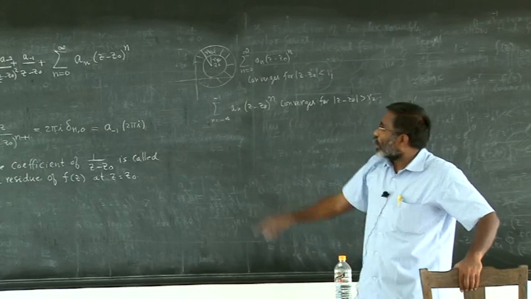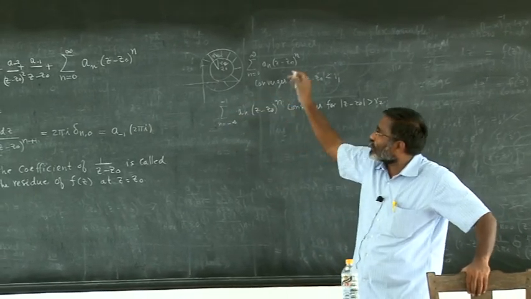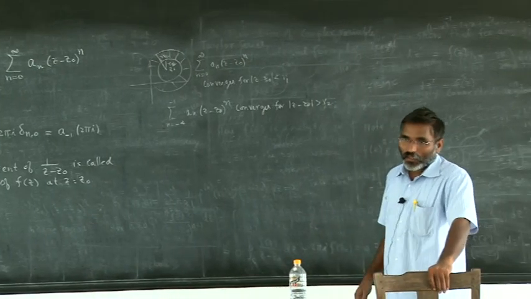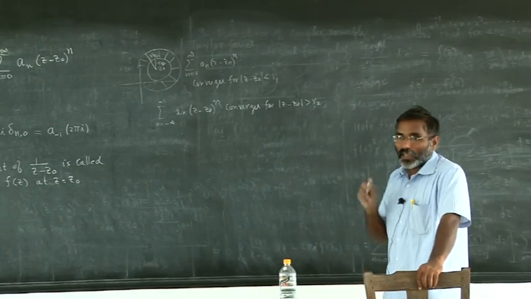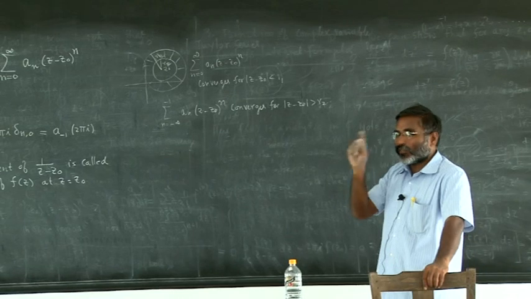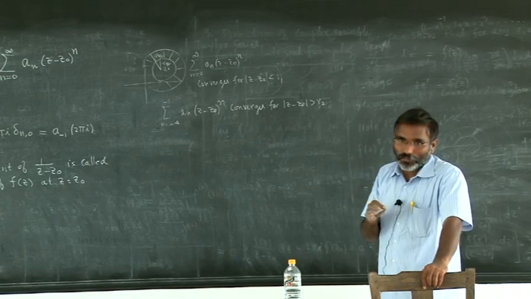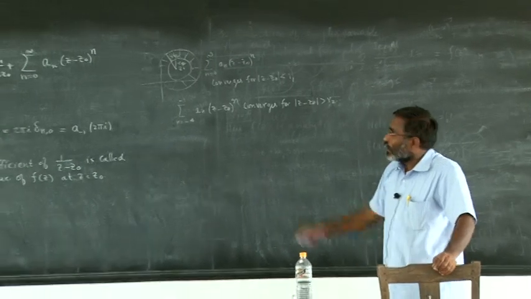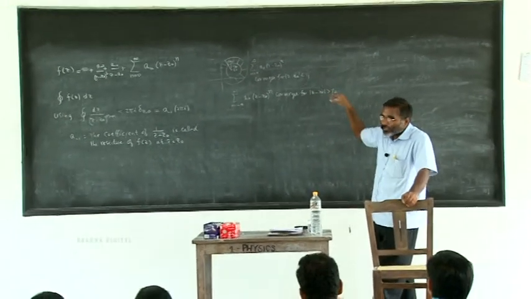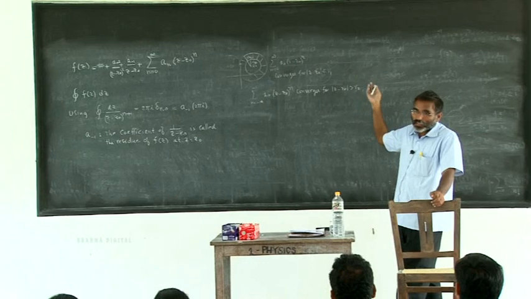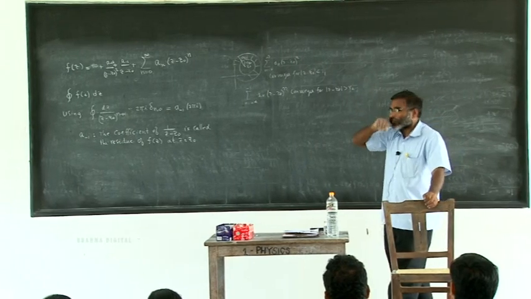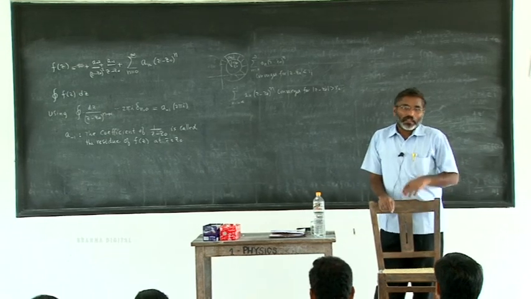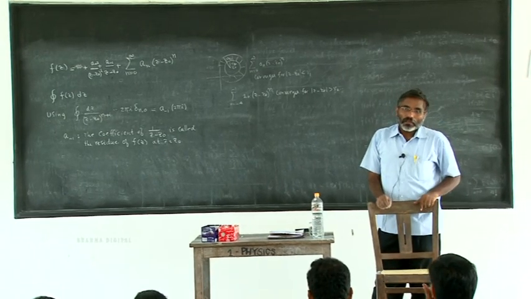That means when you have a function which gets expanded in a series like this involving negative powers, the region of convergence is always an annular region. But you can have a situation where this r2 becomes 0 and r1 becomes infinity, in which case you can have convergence in the entire complex plane.